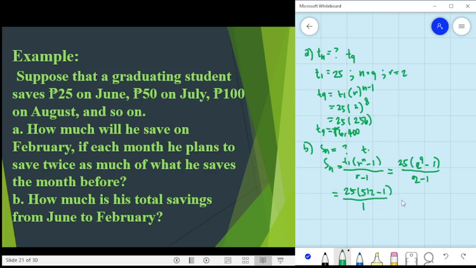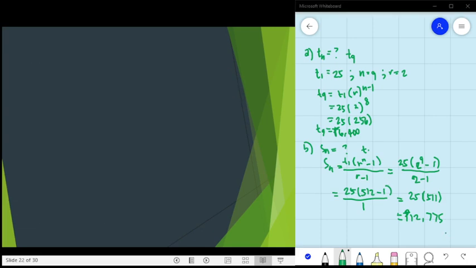So that is why this becomes 25 times 511, subtracting 512 minus 1, and that is why the sum of all the deposits from June to February is equal to 12,775. Okay, at the end of the month, dako na siya cash of deposit, no? At the end of February. Okay.